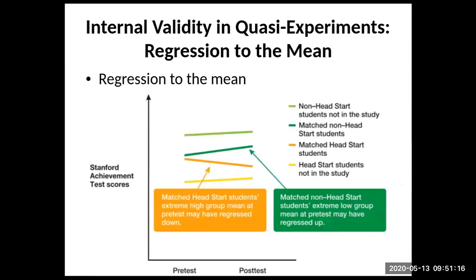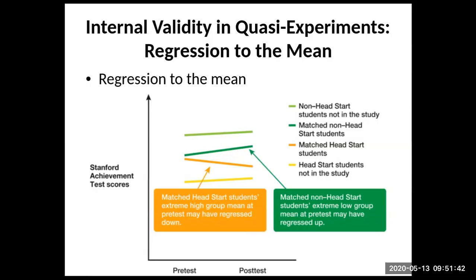So when we are looking at internal validity in quasi-experiments, if we go back to the Head Start study, one of the things that we will talk about is selection effects. That's the biggest one in all quasi-experiments. And so how do we mitigate that? Again, you can't solve that problem because we can't have true random assignment, but what we can do is use a matched study.